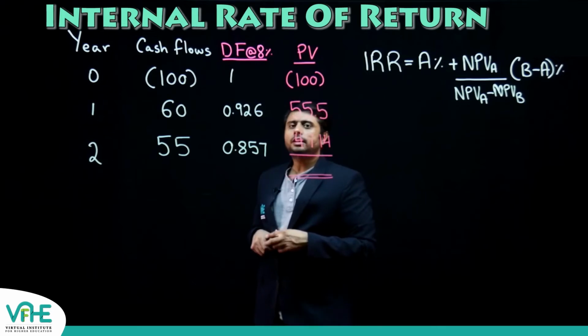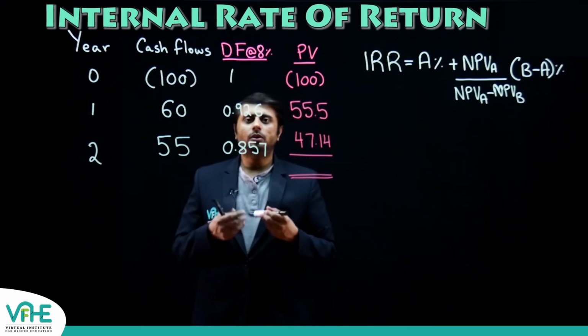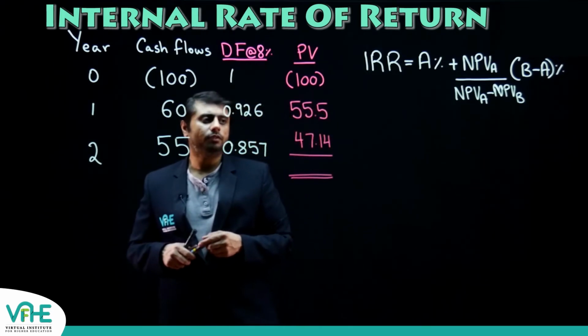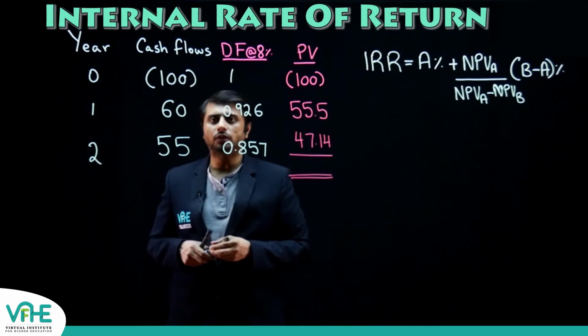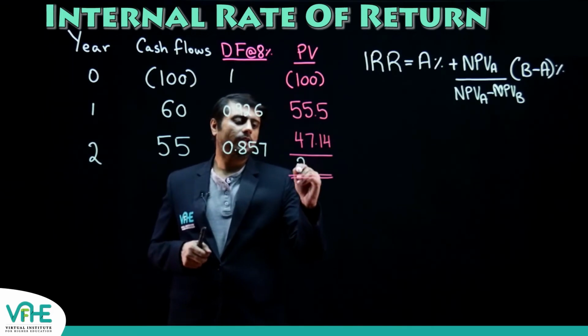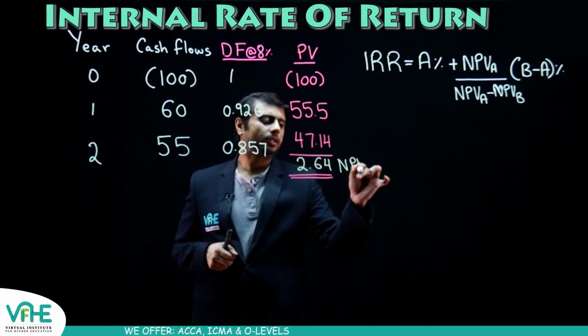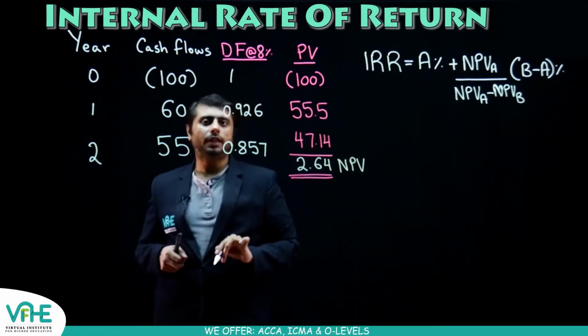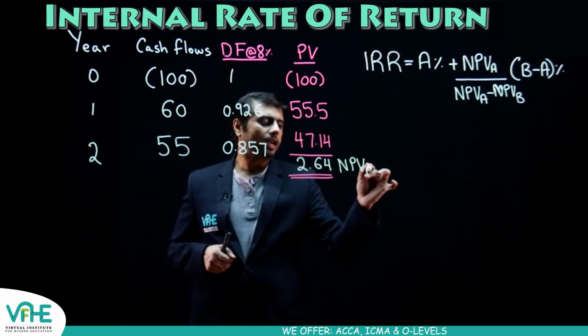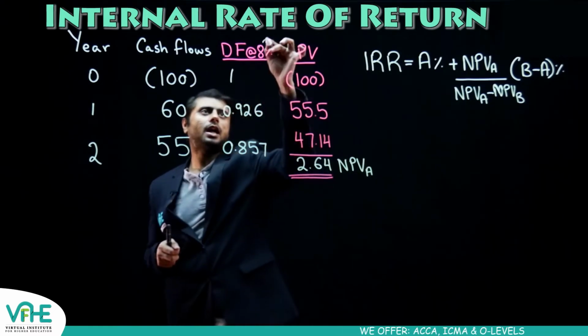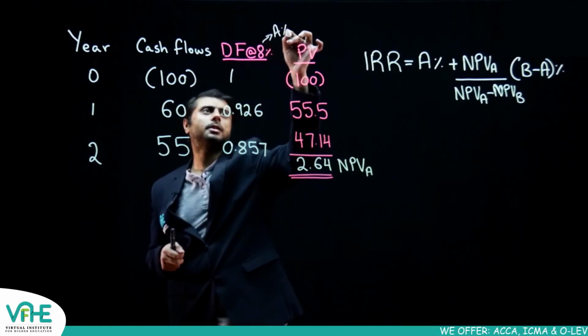We can calculate our net present value by adding all the present values of cash inflows together and subtracting the cash outflows. So this will be 2.64. This is our net present value. Using a rate of 8%, we can say that this is NPVA and 8% is A%.